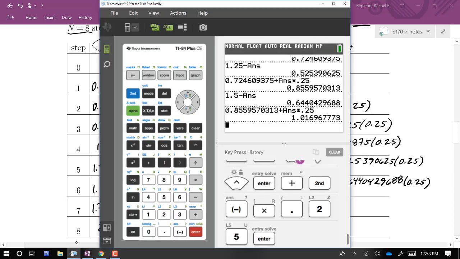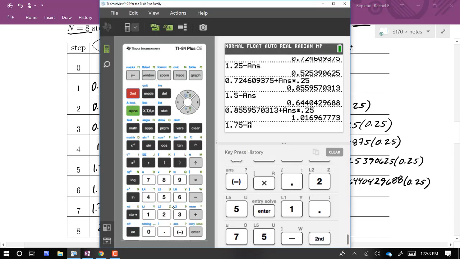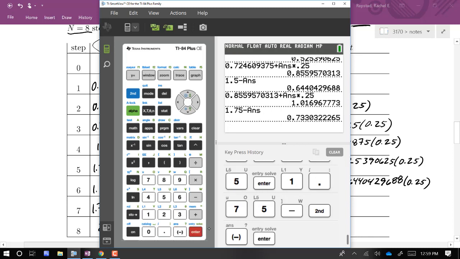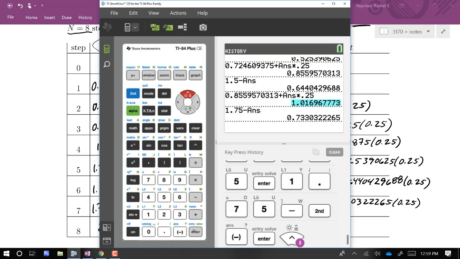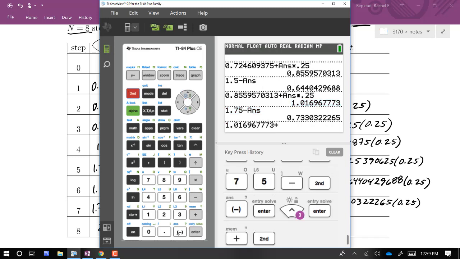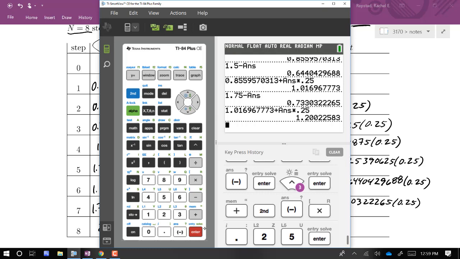One more step. Last calculation. Old x plus delta t, or sorry, x prime times delta t, which is 0.25. 1.200225583.